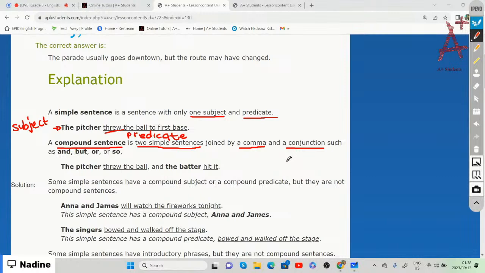And if we look at an example: The pitcher threw the ball and the batter hit it. Here we have a simple sentence, that's one. Without even using the conjunction, here we have another simple sentence.